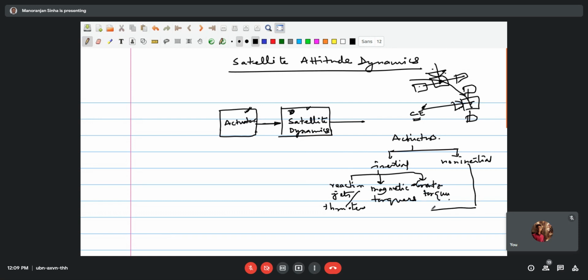While in the non-inertial one, we have reaction wheels, control moment gyros. Then we have the fluid rings and many others.